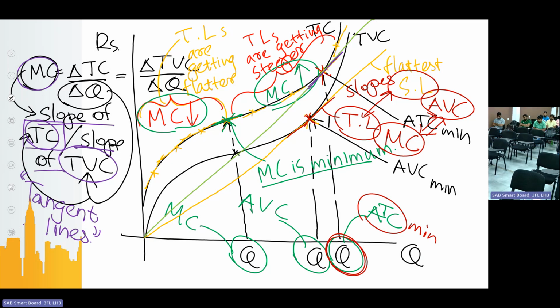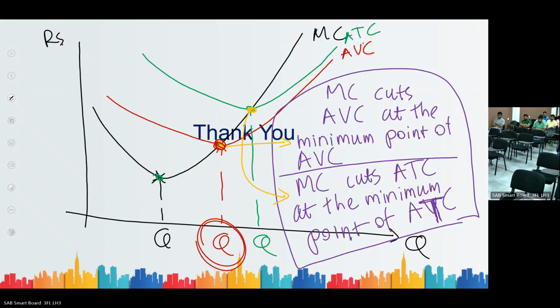That means at that point, ATC and MC are the same. ATC equals MC. That is the point here, corresponding to this output level. So this is the typical behavior of MC, ATC, and AVC.